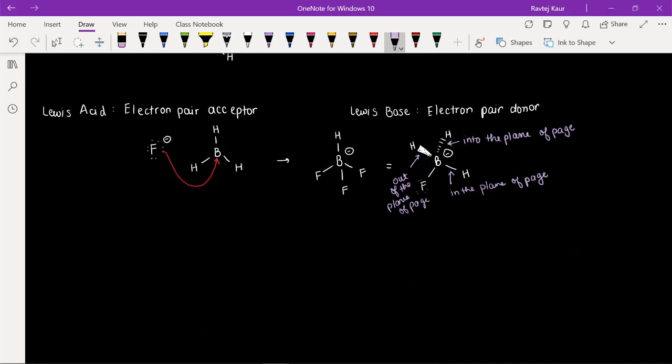But generally, the molecules which can be classified as a Bronsted acid, Bronsted base are also Lewis acid, Lewis base. But molecules which are being classified as a Lewis acid, Lewis base may not necessarily be a Bronsted acid, Bronsted base.